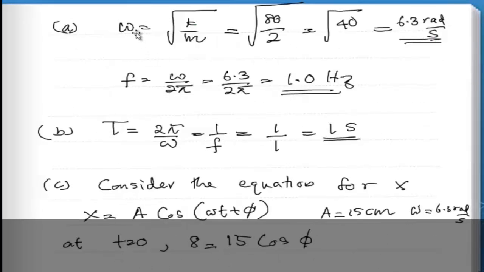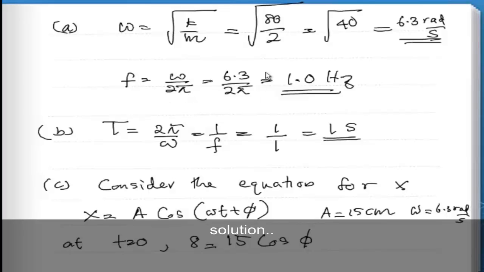So we know that for a spring mass system, the angular frequency is given by the square root of k over m. So that's the square root of 80 over 2, square root of 40, which equals 6.3 radians per second. And the frequency is given by omega over 2 pi.